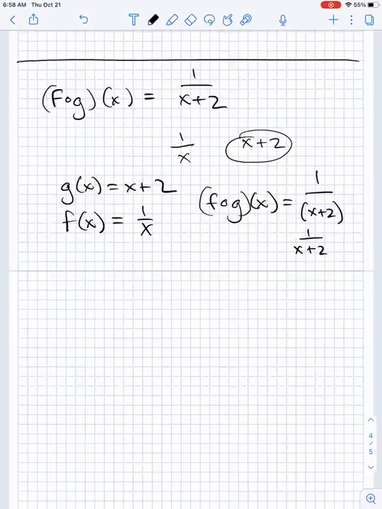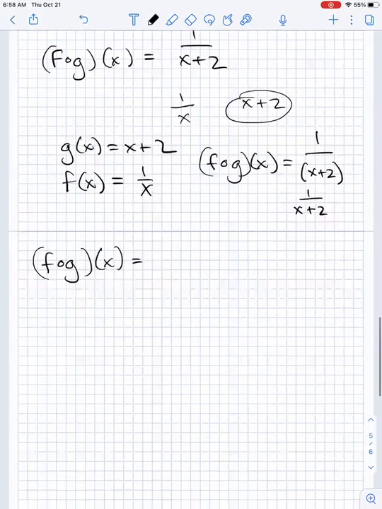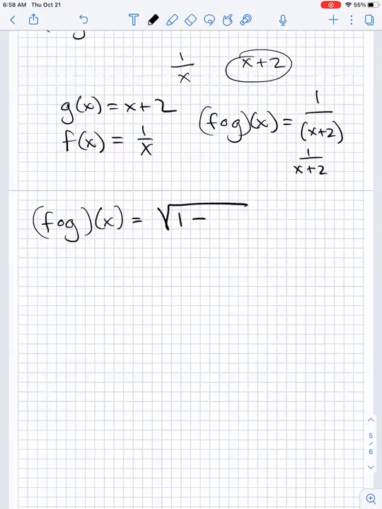Let's do one more example of that. So f of g of x equals, let's try, square root of 1 minus x squared. And you can see that this is a function inside a function.